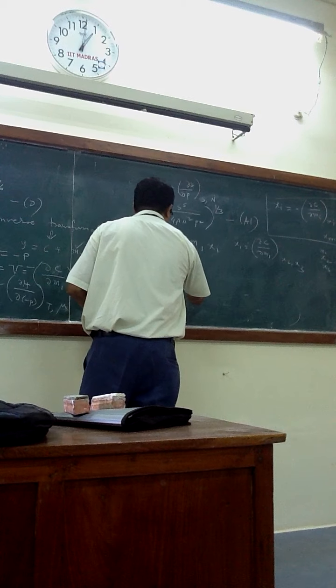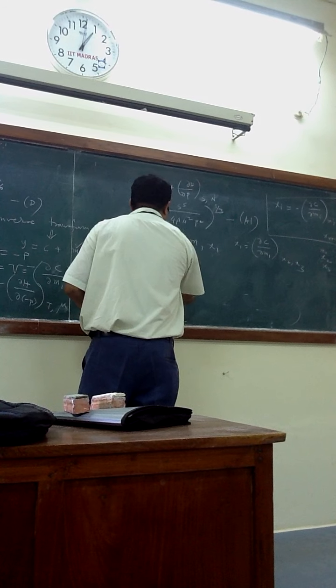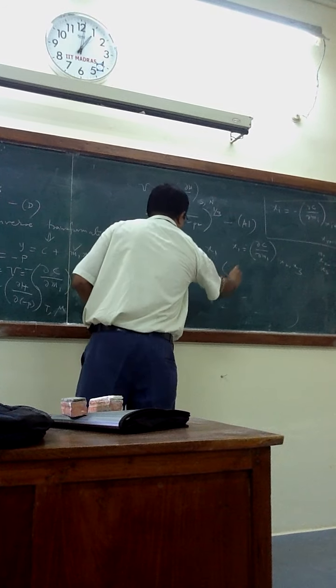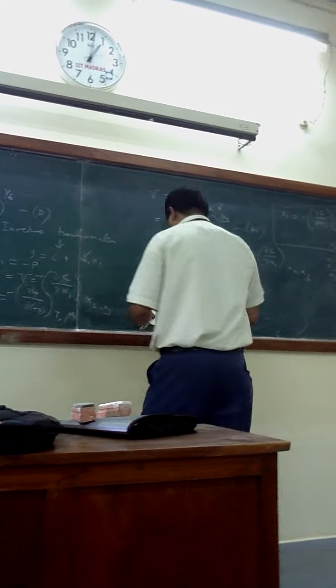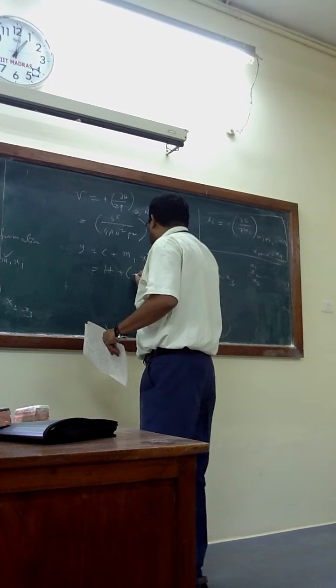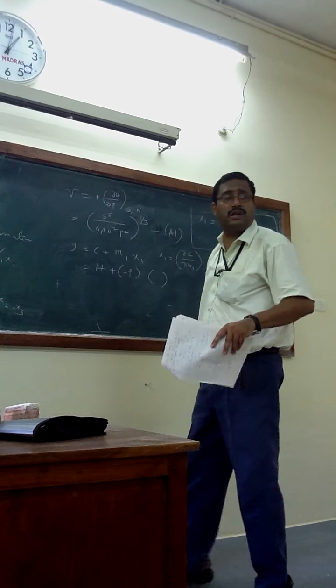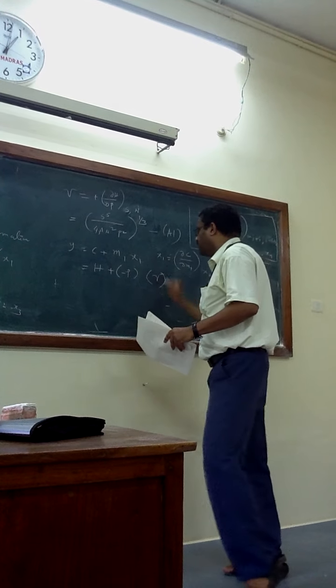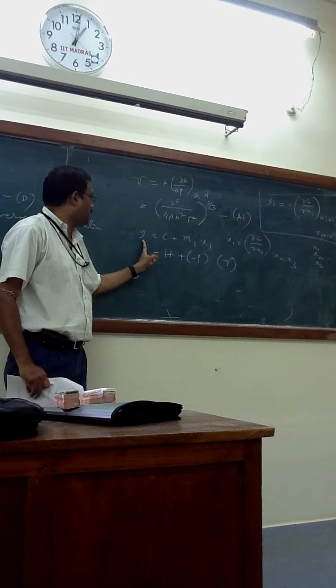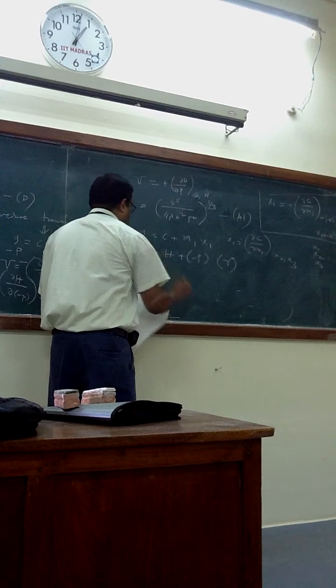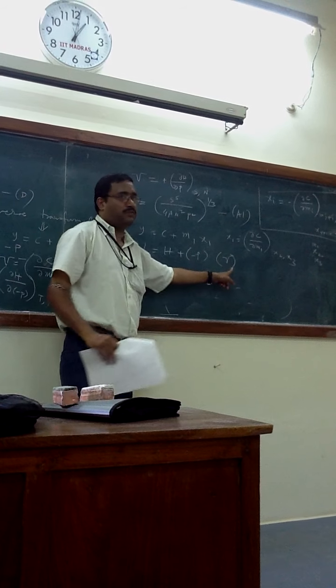C is h, plus what is m1, what is x1? m1 is minus p, x1 is v, and v we have obtained in terms of these things. Remember that you got here u, and u is coming as h p v.